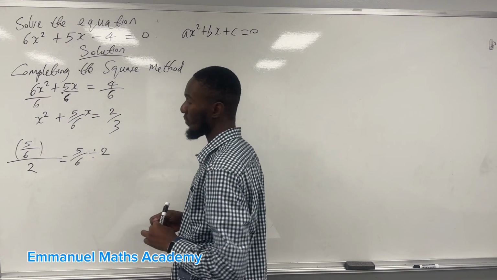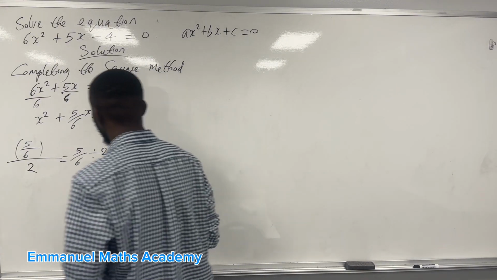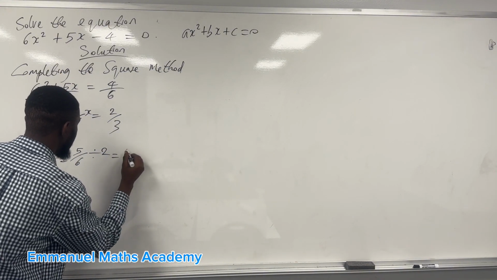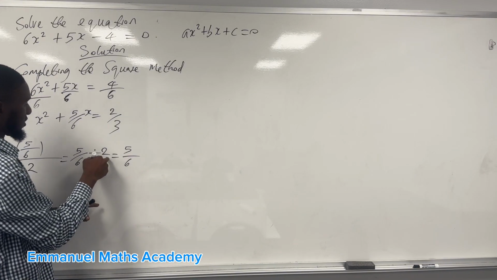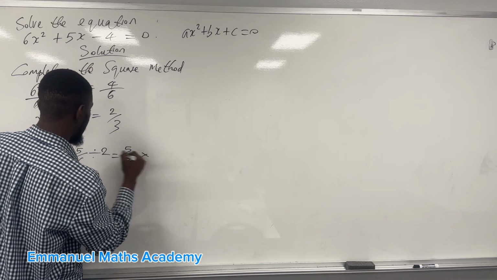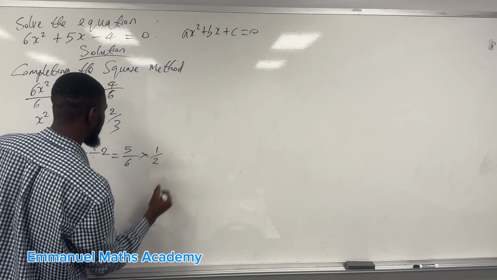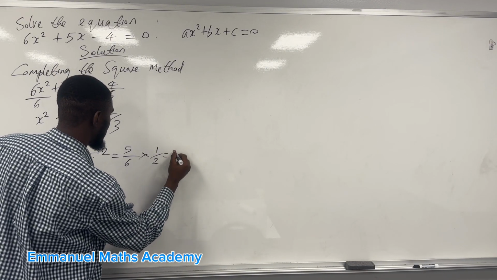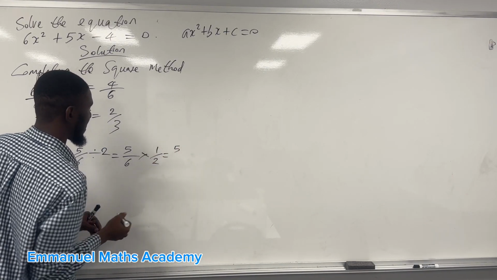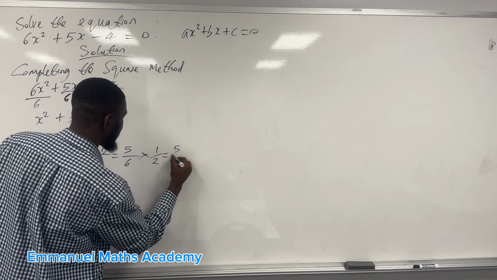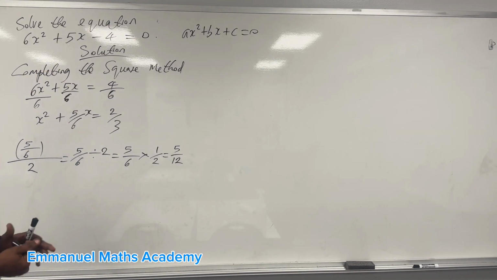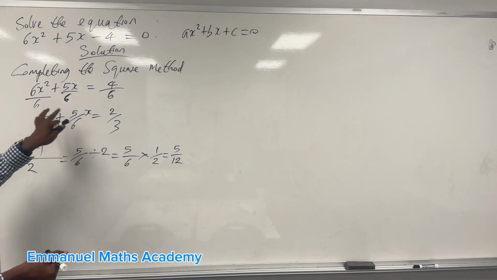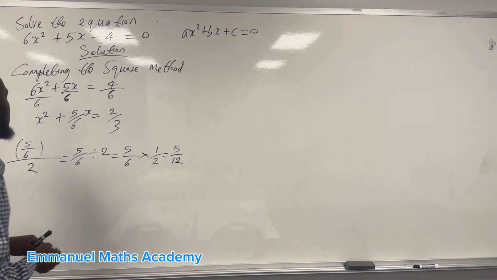Mathematically, this means 5 over 6, you take the reciprocal, and this will go down. You have 1 over 2. This is equal to what? 5 times 1 is 5. 6 times 2 will give you 12. So we'll be adding this to both sides of the equation.